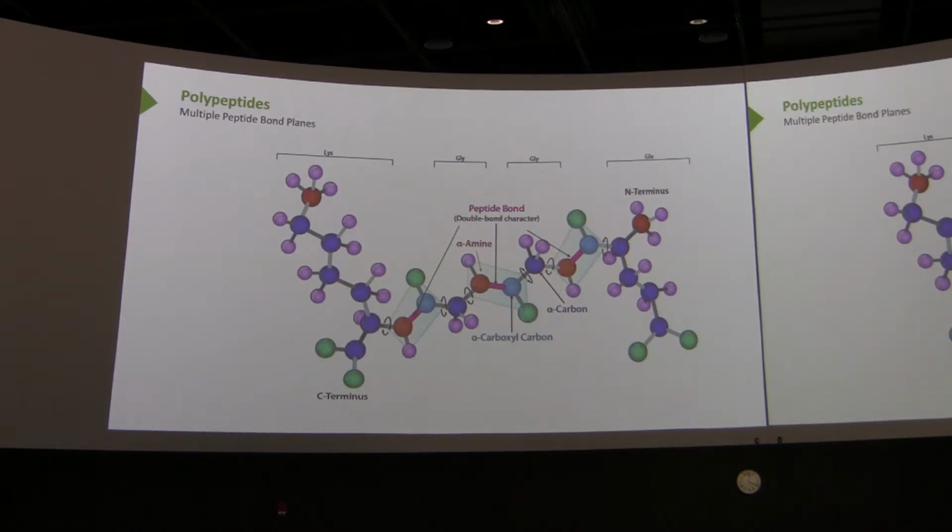Peptide bond, alpha carbon, peptide bond, alpha carbon, peptide bond, alpha carbon. That is the backbone of a protein. Now, this observation that I've just given you is essential for understanding fundamental protein structure. That flat structure places a lot of restrictions on possible structures a protein can have, as we will see.